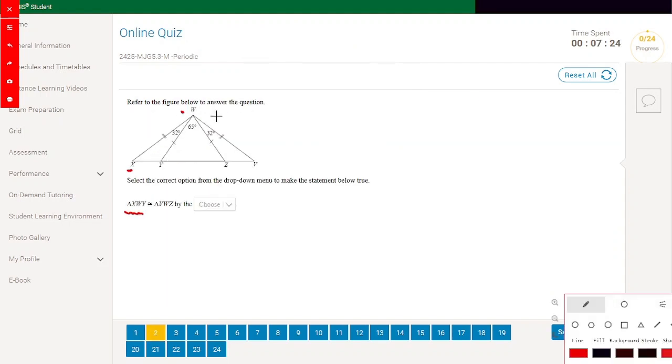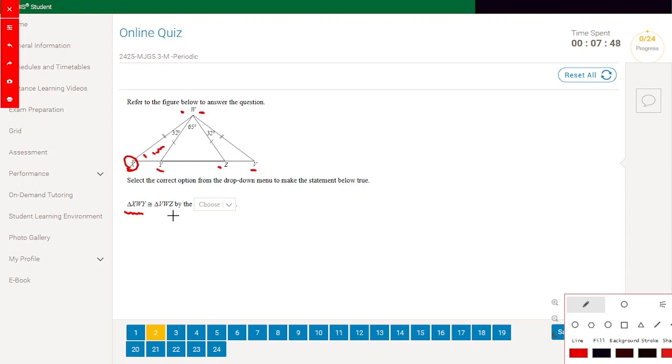Refer to the figure below to answer the question. Select the correct option from the drop-down menu to make the statement below true. Triangle XWY. I have XWY, this triangle, congruent with triangle VWZ.